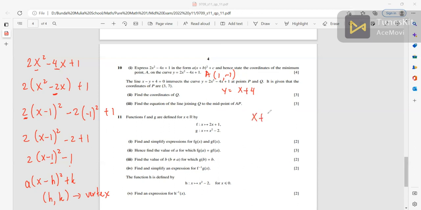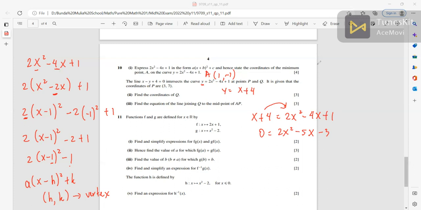So x plus 4 equals 2x squared minus 4x plus 1. I substituted the y into here and move everything to the right. So 0 equals 2x squared minus 5x minus 3.